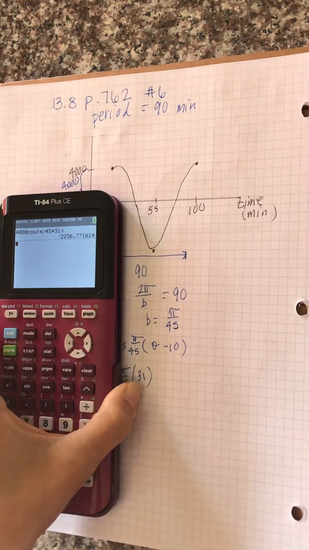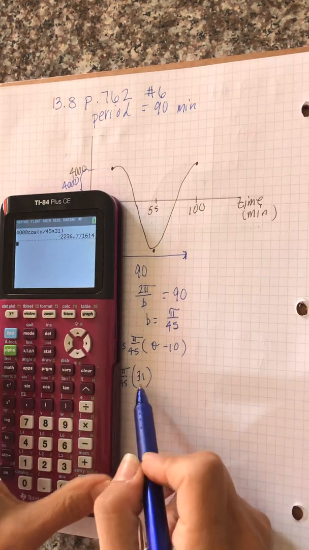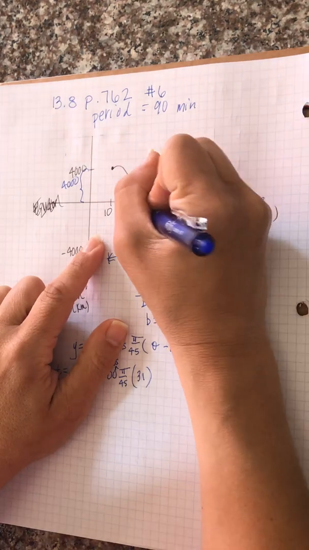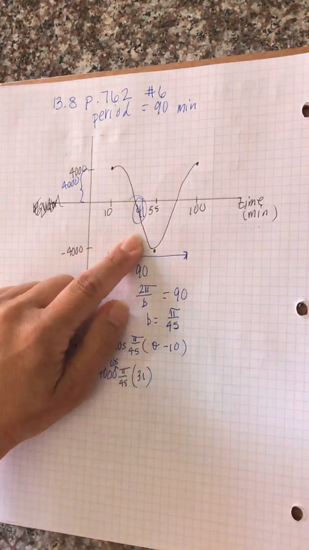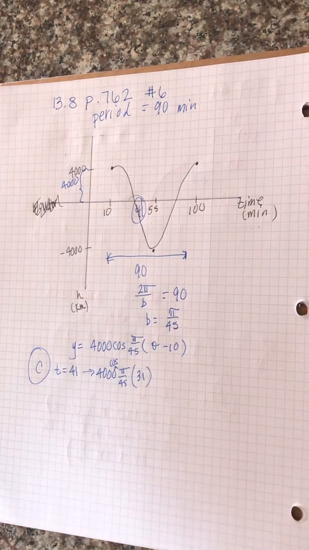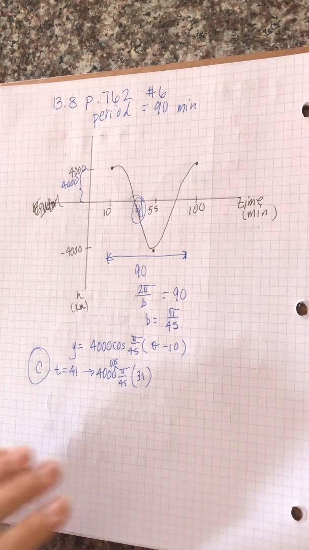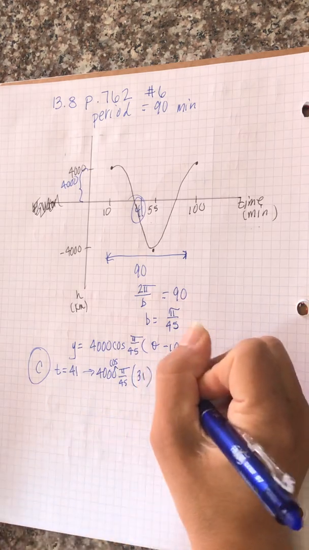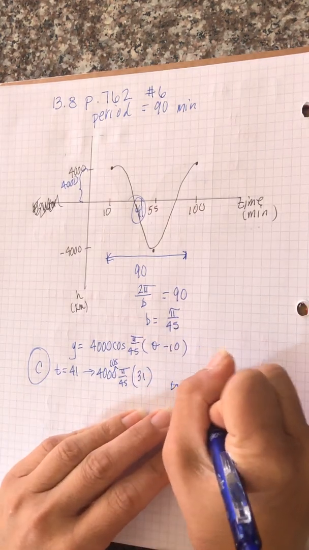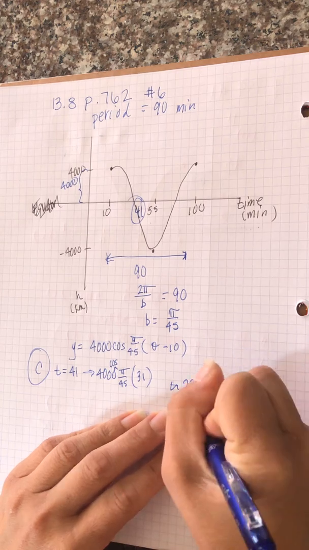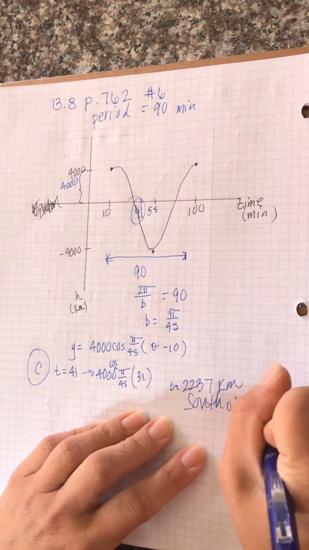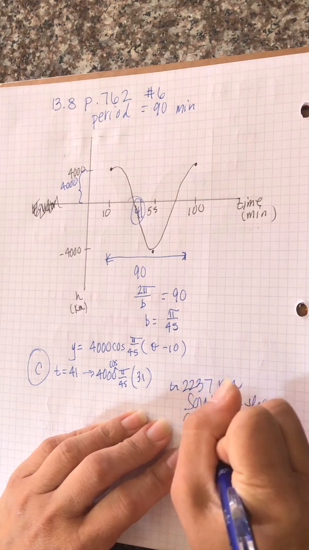How on earth is it negative? Well, let's look at our graph. If I'm looking at 41, time is 41, it's there-ish. You are south of the equator, and so that's why it's negative. The negative indicates that you are south of the equator. So I would write this as 2,237 kilometers south of the equator.